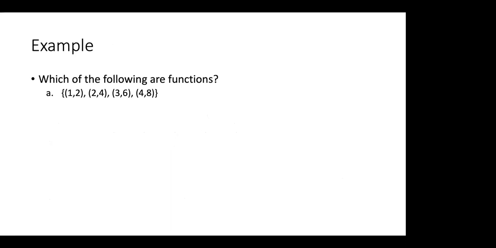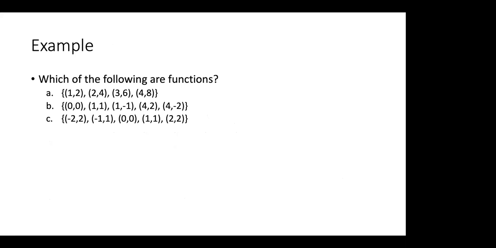All right, so here's an example. Think about this one for a minute or so. Pause the video. Which of the following relations are functions? Letter A: (1,2), (2,4), (3,6), and (4,8).